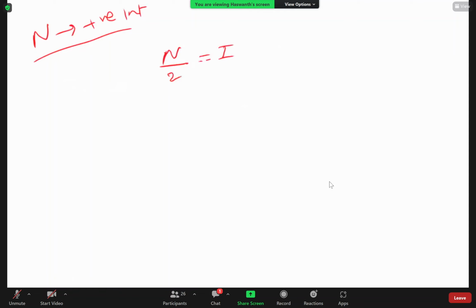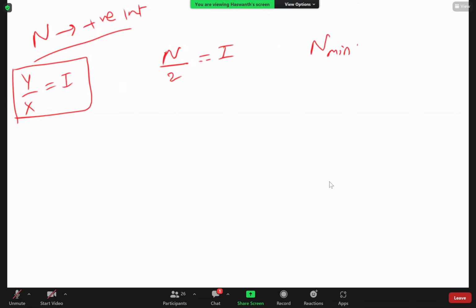If y is divisible by x, the first step is taking y by x, which must give us an integer. So y is a multiple of x, or y is divisible by x, or x is a factor of y. Then we say y is divisible by x. So if n is divisible by 2, then n by 2 must give us an integer.